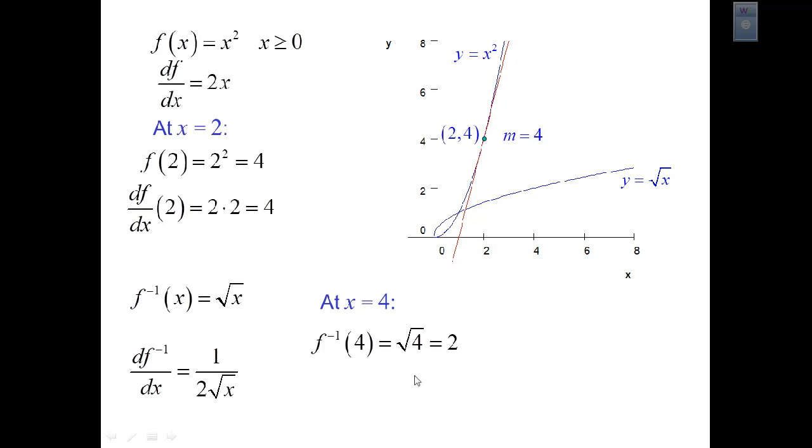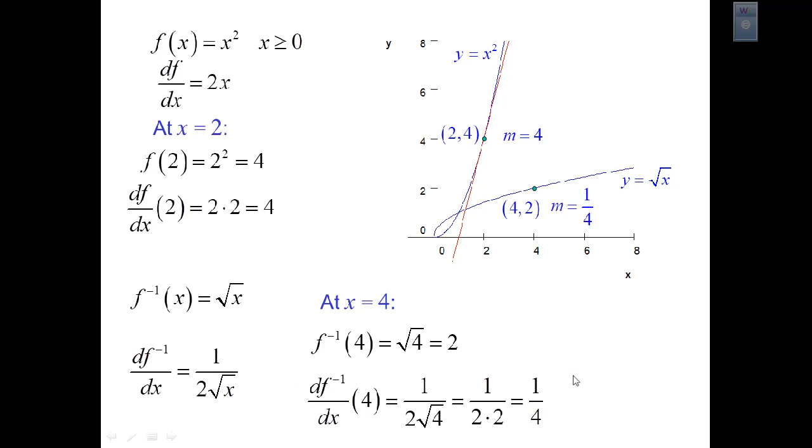So at the point 4, 2, if we calculate what this would be, we're going to end up finding that it's 1/4. Well, it's not a coincidence that it is the reciprocal of the slope over here.